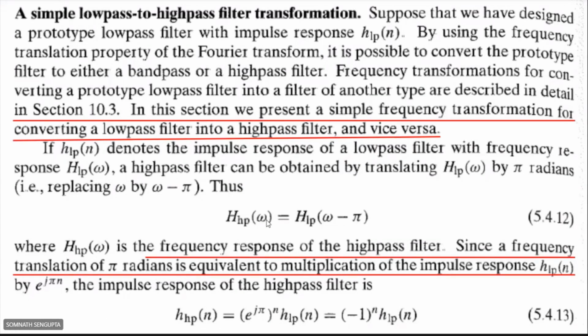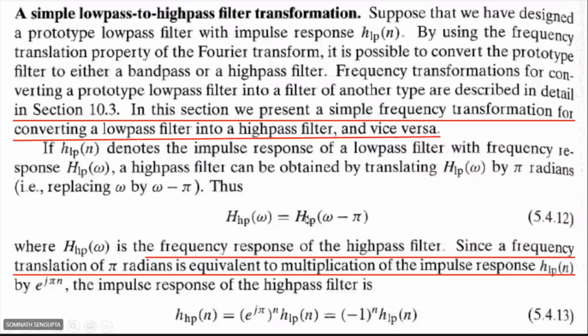Similarly, if the frequency omega is 0, that means low frequency, the gain for the high pass filter would be H_LP of 0 minus pi, that is minus pi. That is the mirror image of the gain of the low pass filter at minus frequency or minus pi. So that is 0.